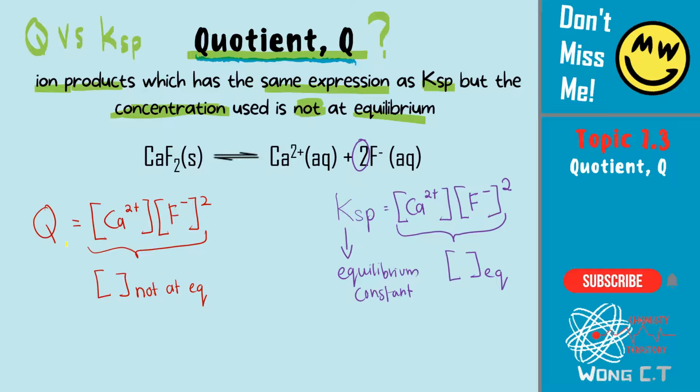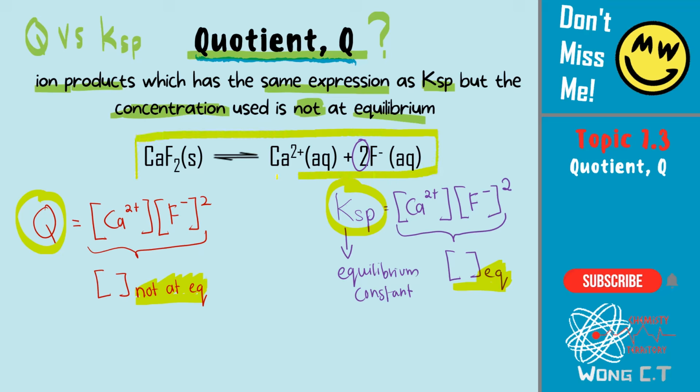And this is the main difference between your Q and your KSP, where your KSP is always the concentration at equilibrium, while your quotient Q is the concentration not at equilibrium. But the way that you write the expression will be the same. And both of them must come from your balanced and correct chemical equation.